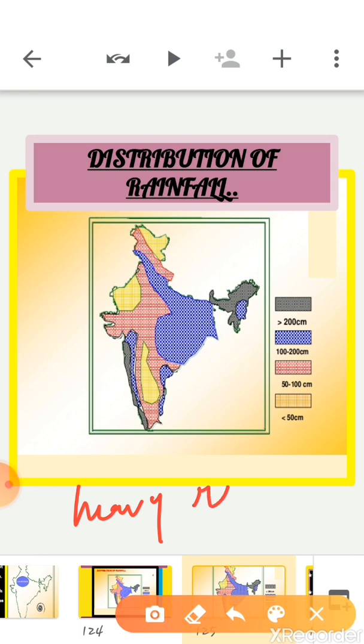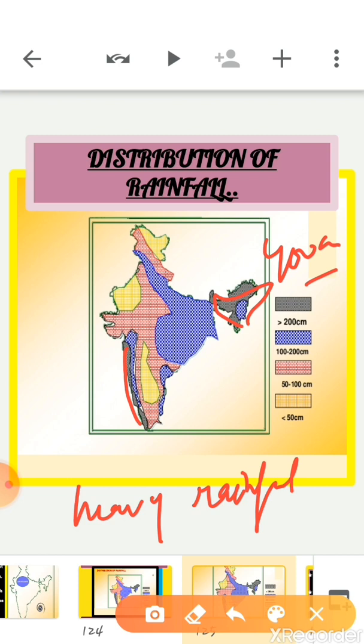Areas of heavy rainfall. An annual rainfall of over 400 centimeters is received over parts of the western coast and northeastern India.